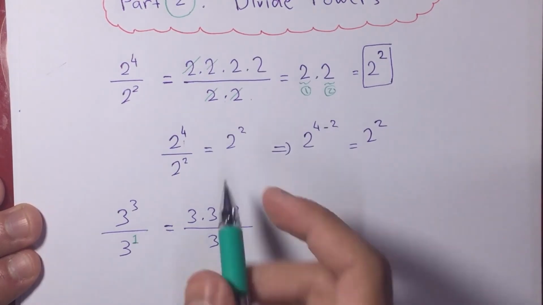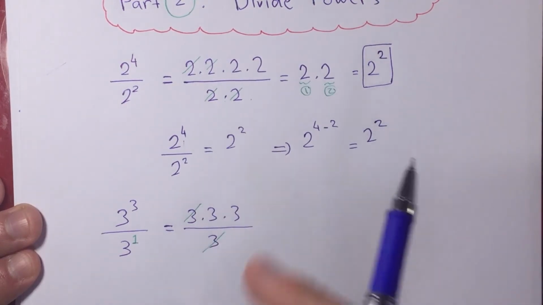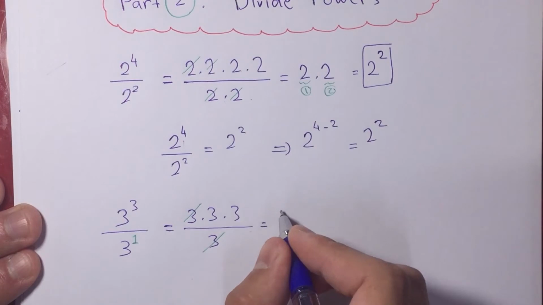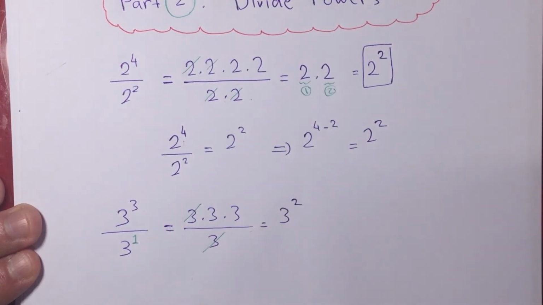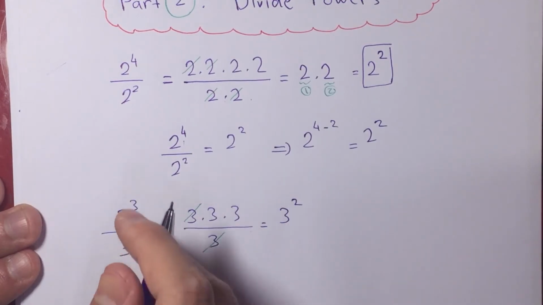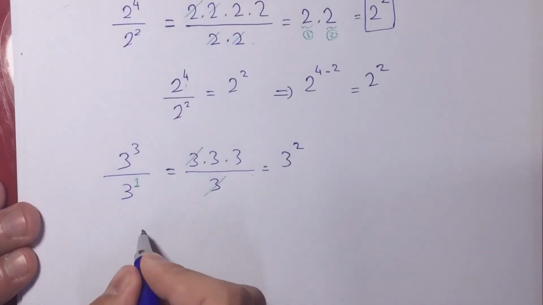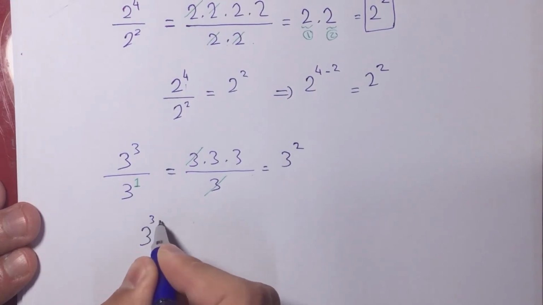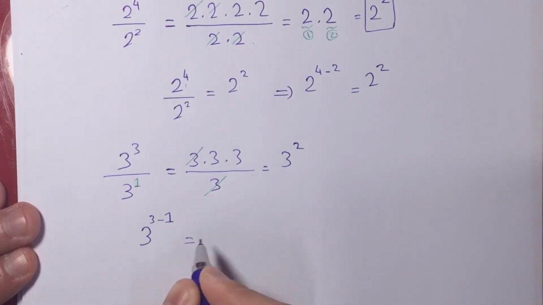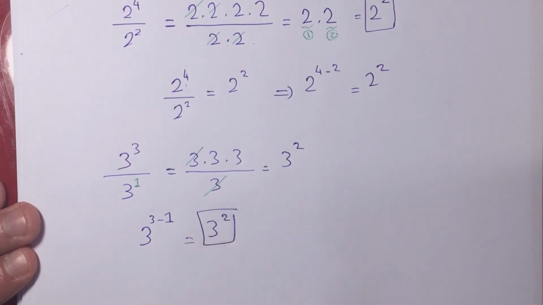So we can cancel a 3 from here with this 3, which will give us 3 times 3, which is actually 3 squared. Now we can notice that it is the same process. If we want to calculate it instantly, we can follow the rule which says that we can write 3 to the power of 3 minus 1, which will give us 3 to the second power.